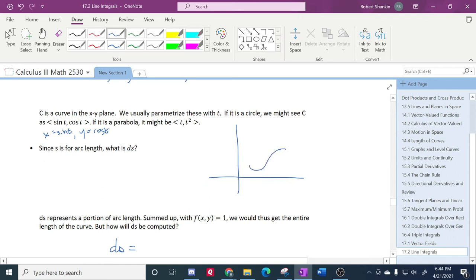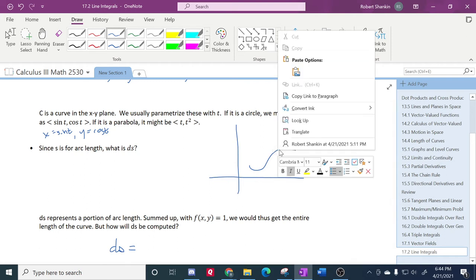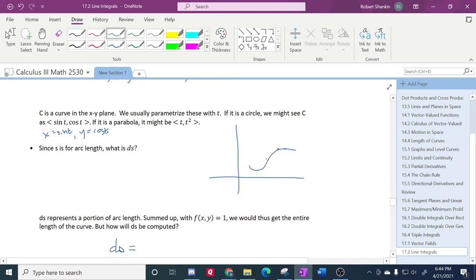Yeah. So let's take a portion from here to here. What if we just took the derivative of the parameter? x, y. Now, what parameter are you talking about?